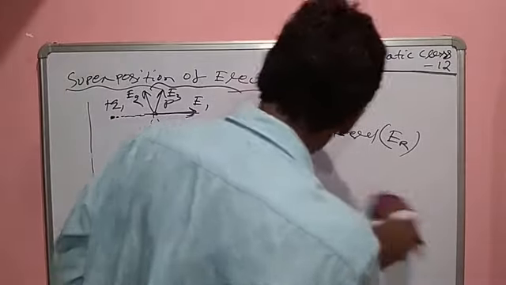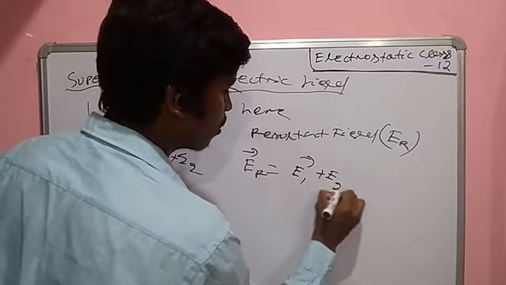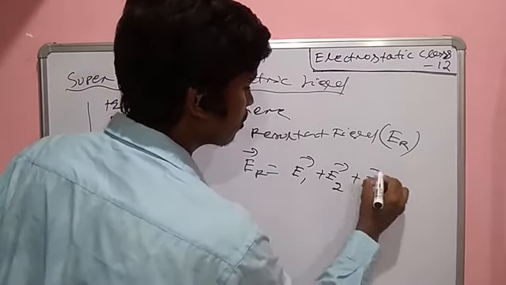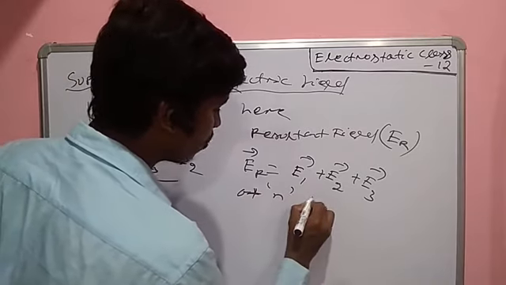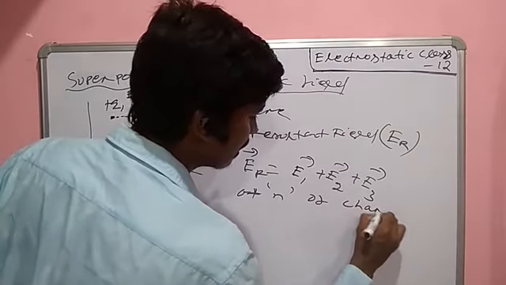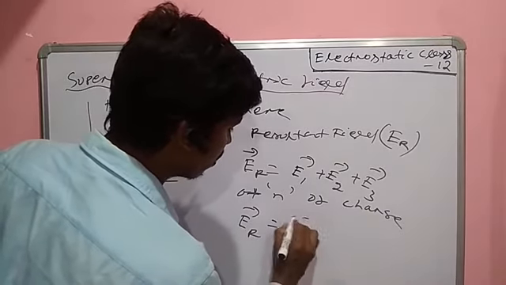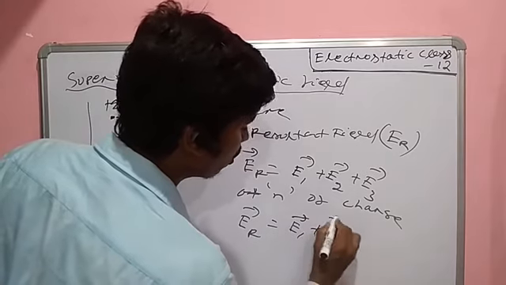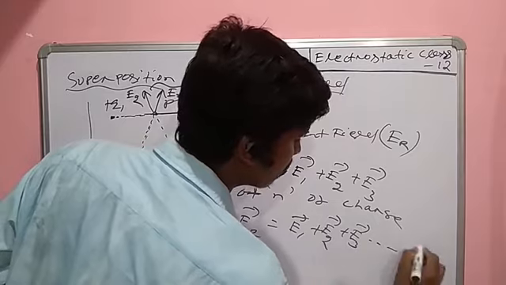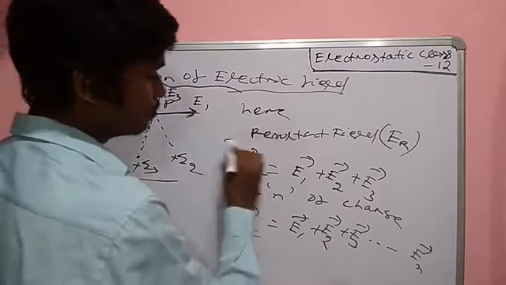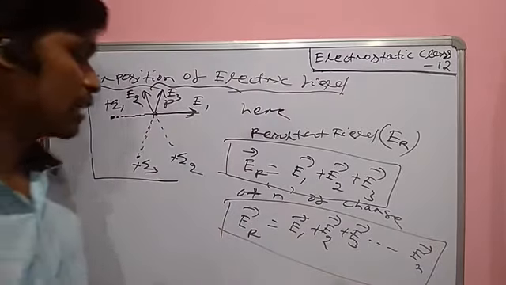So we can write ER vector is equal to E1 vector plus E2 vector plus E3 vector. For n number of charges, E resultant is E1 vector plus E2 vector plus E3 vector up to En vector. Yes or no? This is the superposition of electric field.